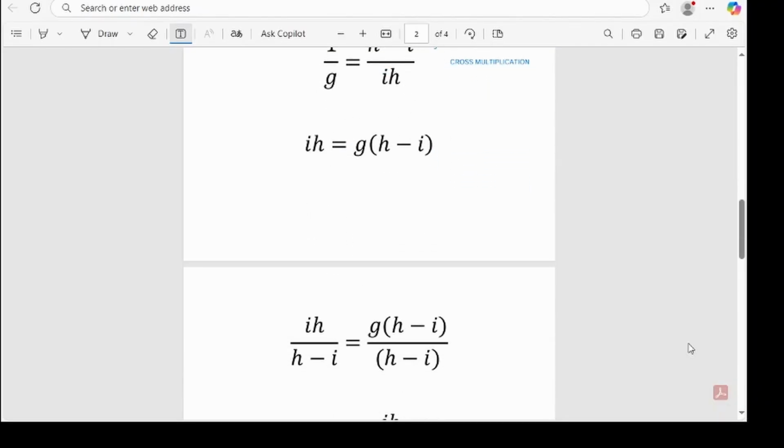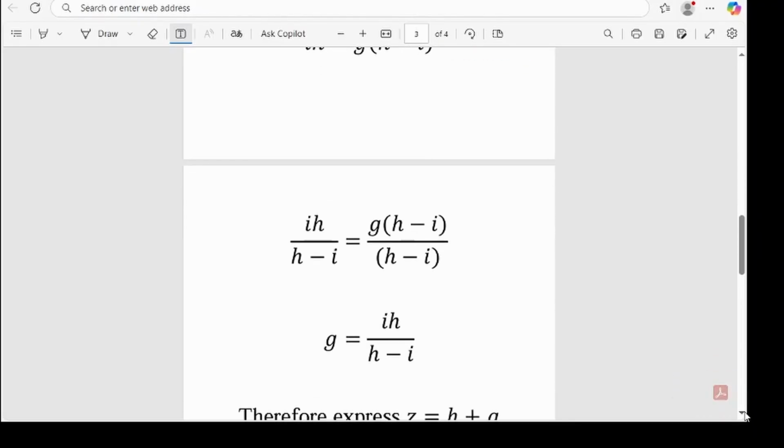Okay, so in order to make gen the subject of the relation, we have to divide through by h minus I, all in brackets. Whatever you do for the right hand side, you do for the left hand side. So that means you have to also divide through IH with h minus I on the left side, right?